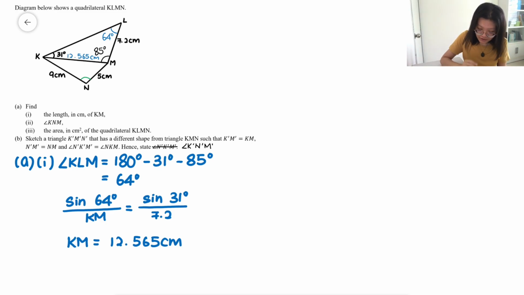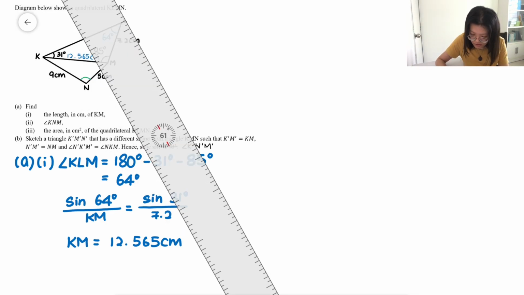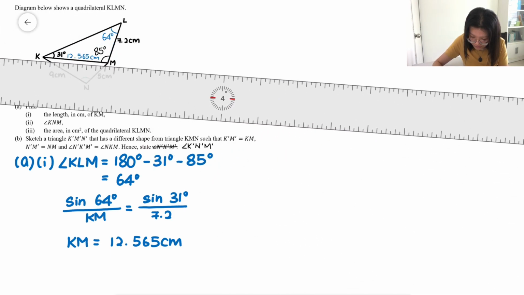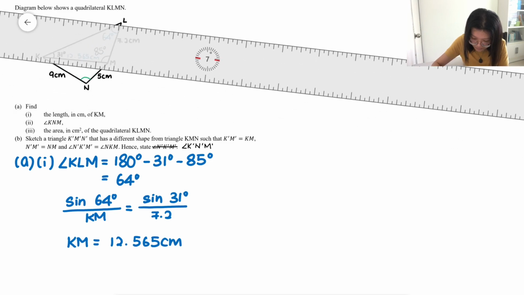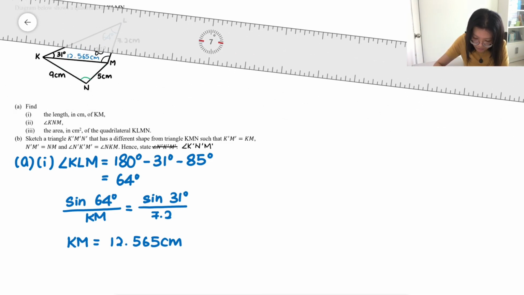Can you see that? Okay, never mind. I can sketch it out for you. Sketch it small, a small one.